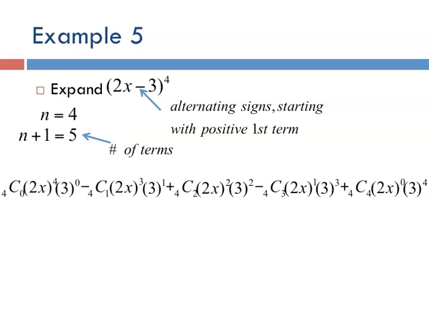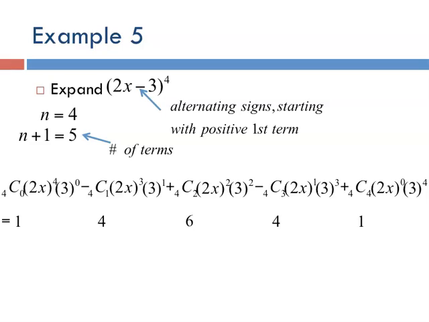And now you are looking at row 4. Right, so in row 4, we should have 5 terms. And if you look at the triangle, it looks like it's 1, 4, 6, 4, and 1. So those are going to be our coefficients for each of those terms.